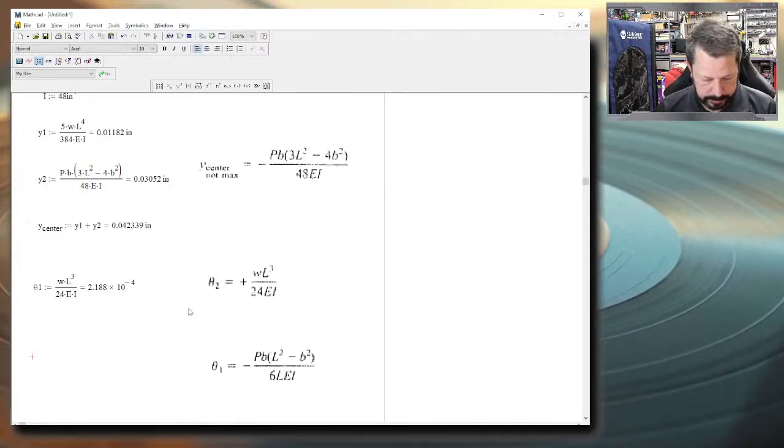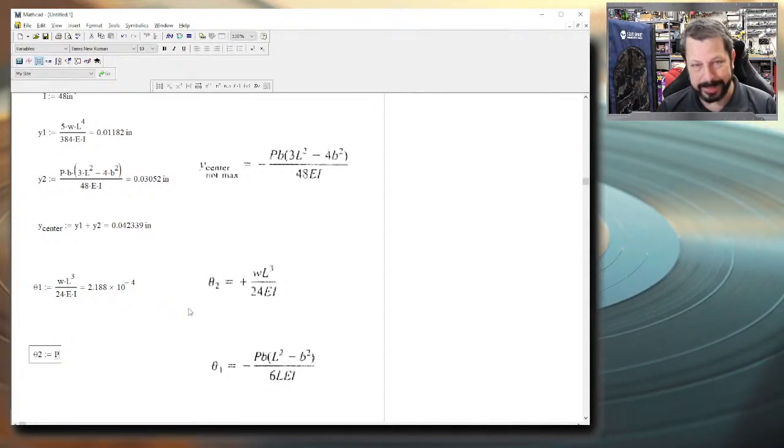So we're going to call this theta 2, and it equals, again, I know that these are both making the beam slope in the same direction, so I'm going to just keep them as the same sign, which I made a positive sign on the first one, so I'll make a positive sign on this one too. Even though this says negative in the equation that I copied here, but that's referencing a different coordinate system.